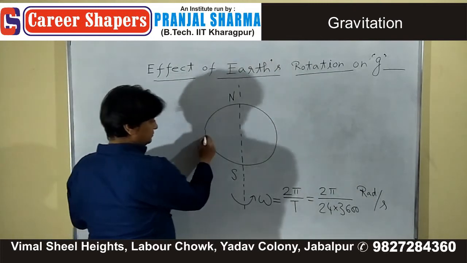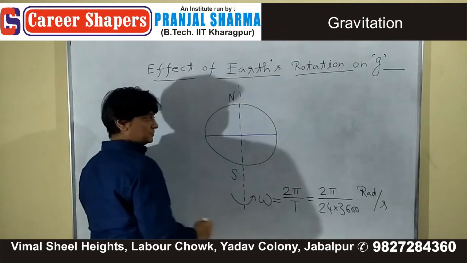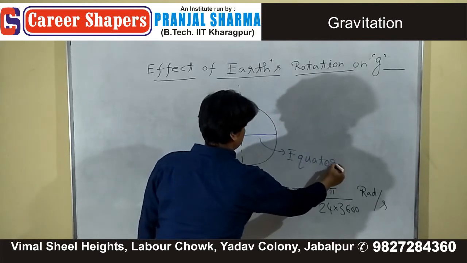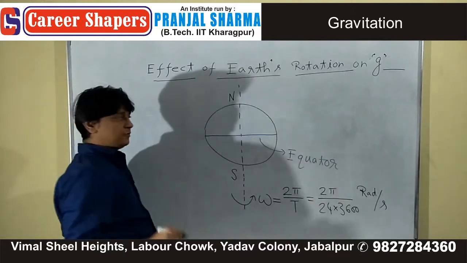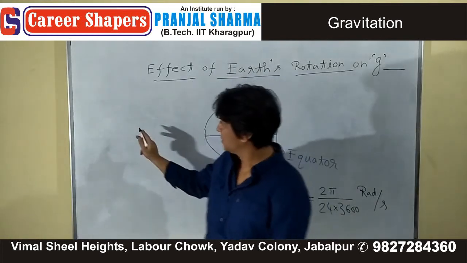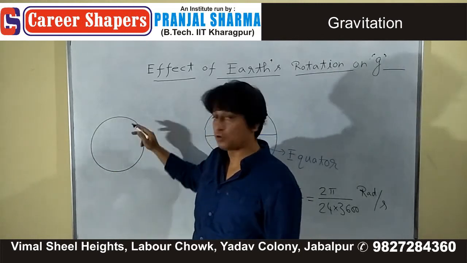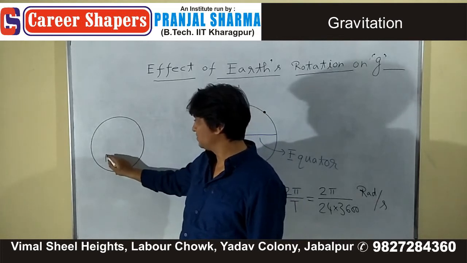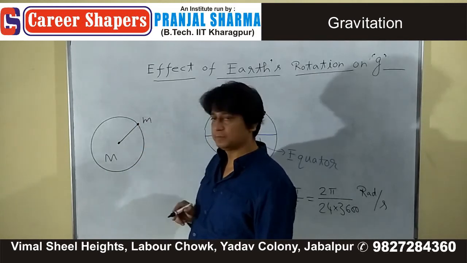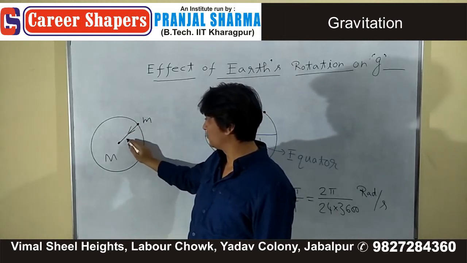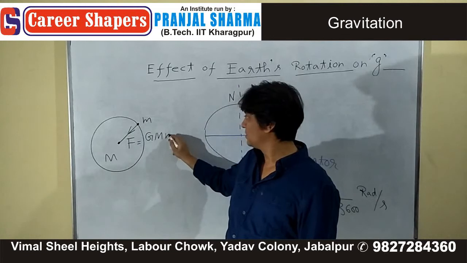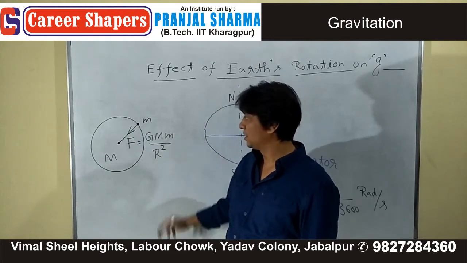This is your equator. If somebody is present at this point, then if no rotation is present, mass of Earth is M, any point present on the surface, its mass is m, Earth is pulling this m towards itself with a force of F. This F is GMm divided by r square on the surface.